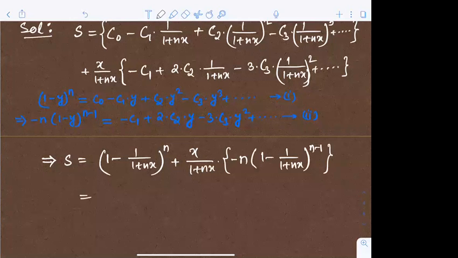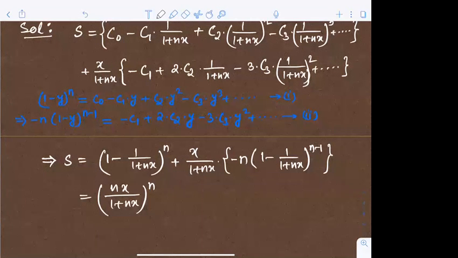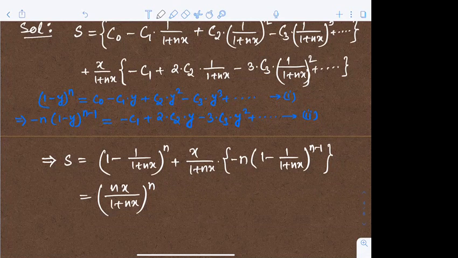The first part is 1 plus nx minus 1, so nx divided by 1 plus nx whole to the power n. Okay, that is the first term. And second term, x by 1 plus nx into minus n.